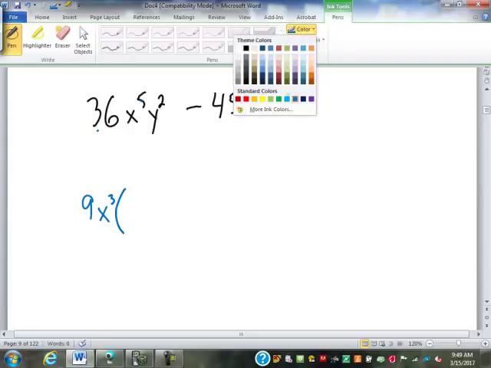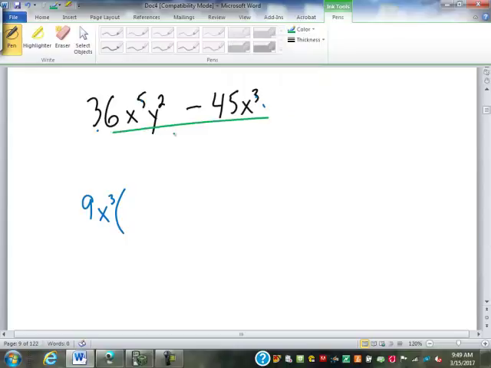So now we're going to divide this by the 9x to the third to see what's left over. So 36 divided by 9, 4. X to the fifth divided by x to the third, x squared. 5 minus 3 is 2. The y squared has nothing to combine with, so that's still just y squared.